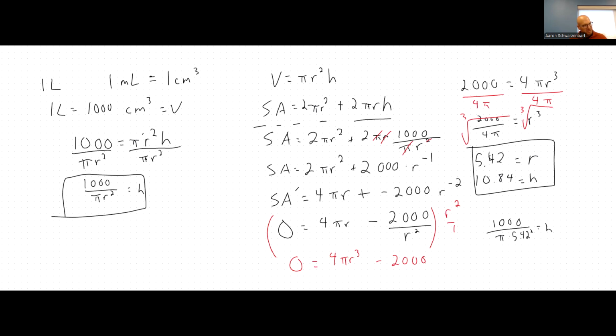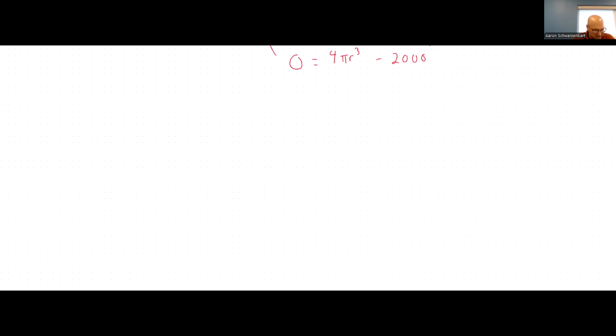So last example, I think this is going to be our last example for today, is inscribing a rectangle. So we are inscribing a rectangle under one piece of the sine curve.